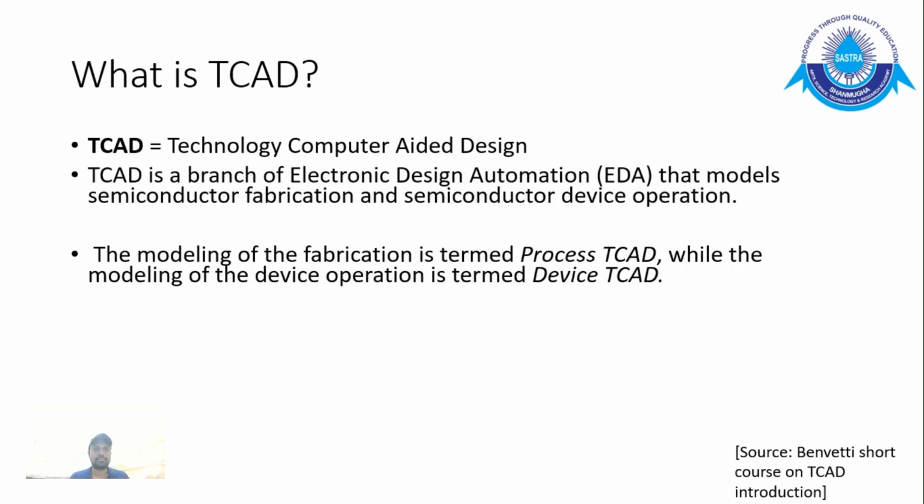Our CAD will come under electronics CAD, ECAD. We use it to design and automate electronics, so it comes in the category called EDA. TCAD means, you already know CAD, computer aided design. You use computers to design something. Here, technology computer aided design is specifically to do process and device simulations.